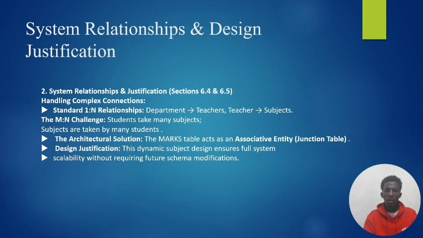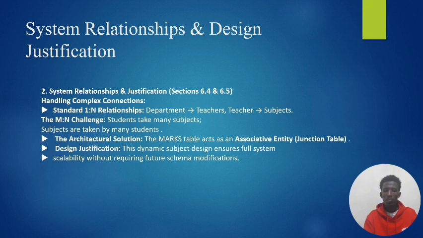There are many one-to-many relationships, but when we come to many-to-many relationships, that is the difficult part. We can't simply implement that in our database. For example, a student may take many courses, and many courses are taken by many students. This is the many-to-many relationship.